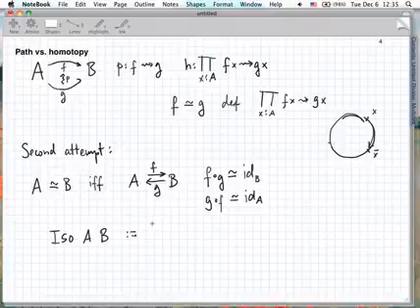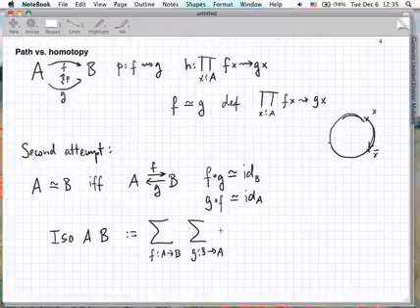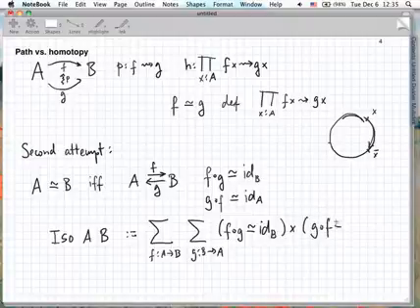So I say, well, I have one map, and I have another map, and then I have the space of homotopies like that, crossed with the space of homotopies like that.